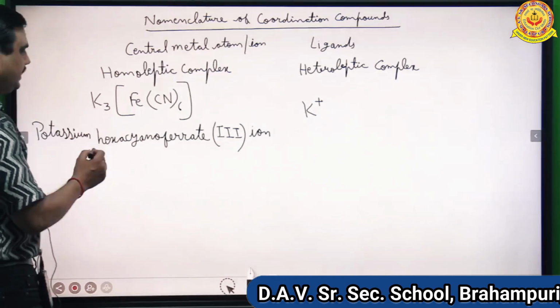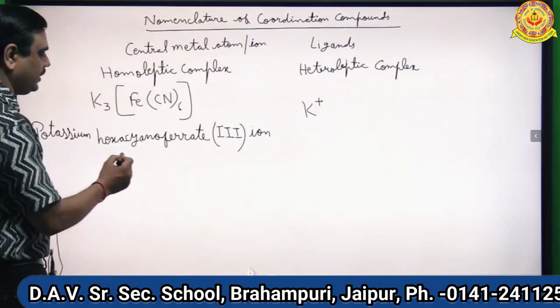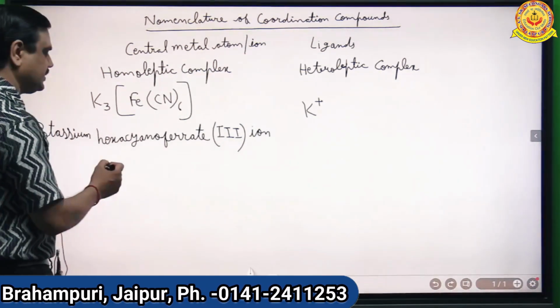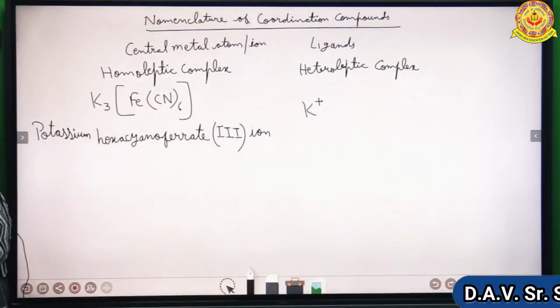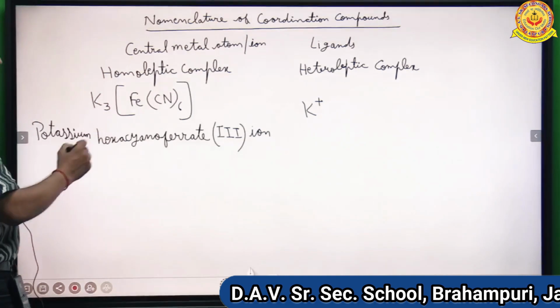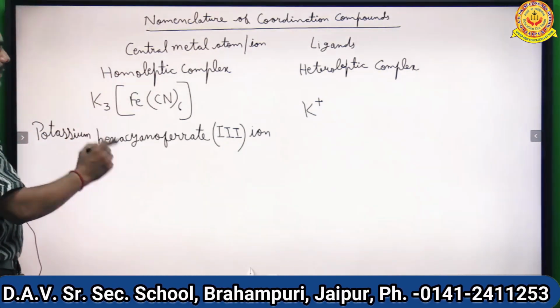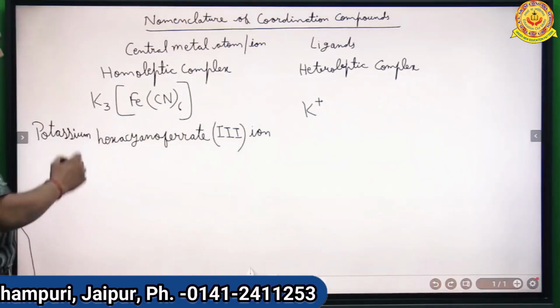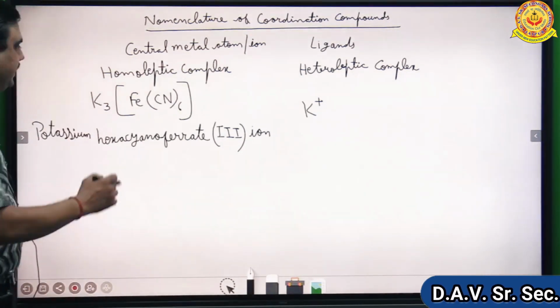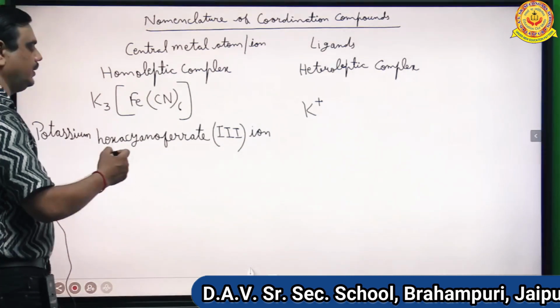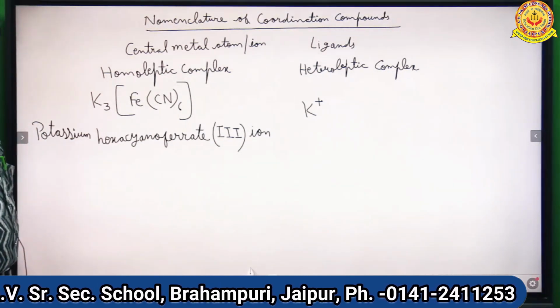Always remember that the name of the coordination sphere is always written in continuation without any break. But between the name of the counter ion and the complex, there will be a break. Okay? The name of the coordination sphere will always be written in continuation.